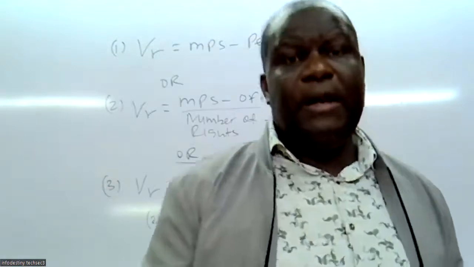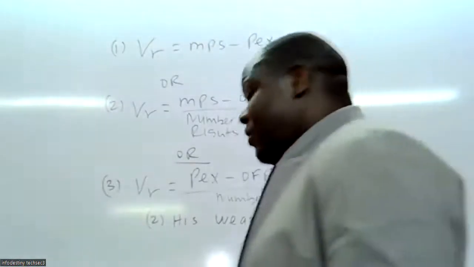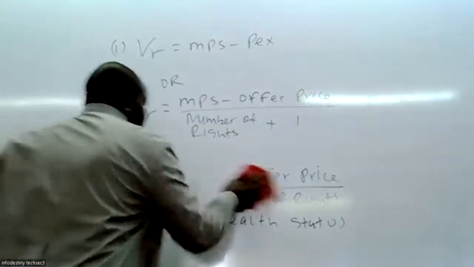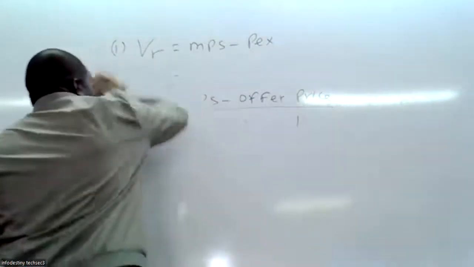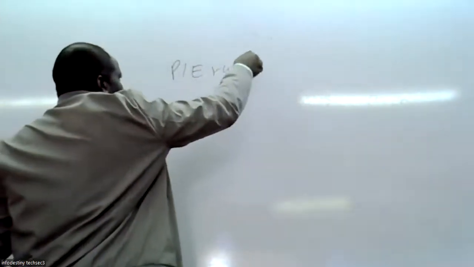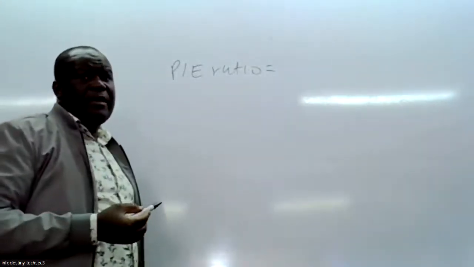So before we answer the question, we do some workings in relation to that. We need to come up with some workings. So among the workings, the question has given you the price earning ratio.